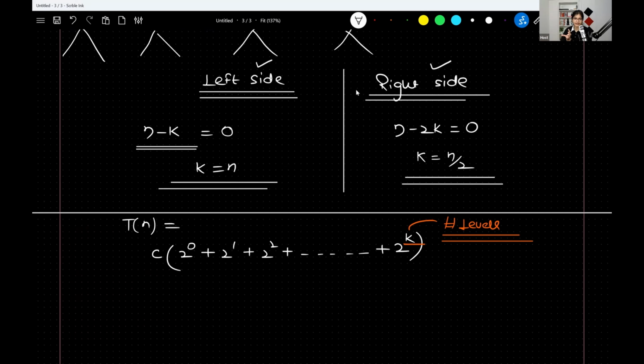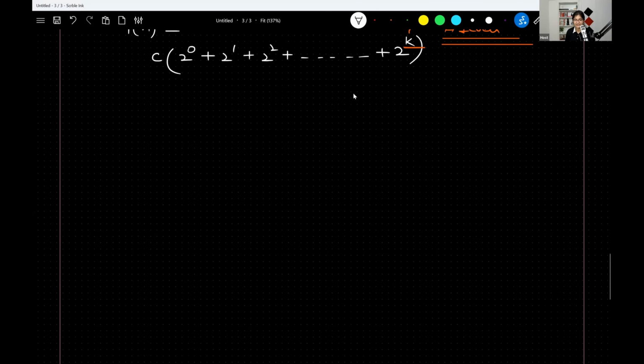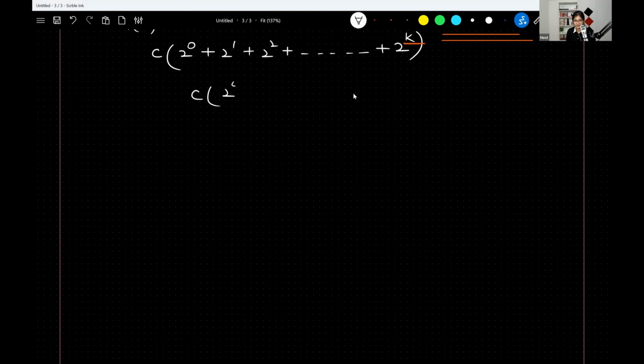It's not a symmetric tree. The right side will have almost half the number of levels. Exactly we are not sure, but approximately half the number of levels are available in the right side as compared to the left side. So I will focus on the value of k as n, and I'll replace the value of k with n in this equation.